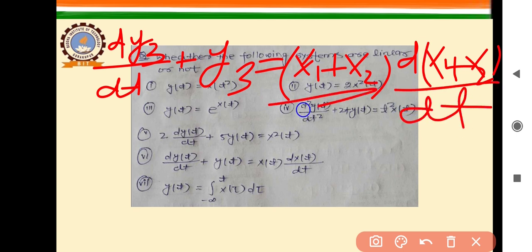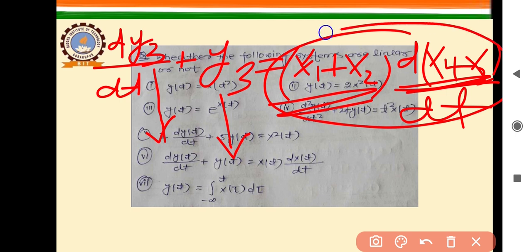Here simply x is replaced by x1 plus x2. Both the equations are the same. In the previous equation it was written y1 plus y2, here also y1 plus y2. As the given equation is the same as the previous equation, it means that the given system will follow the law of additivity.